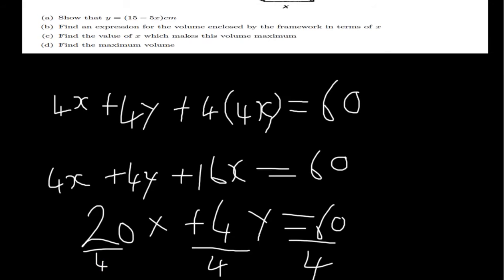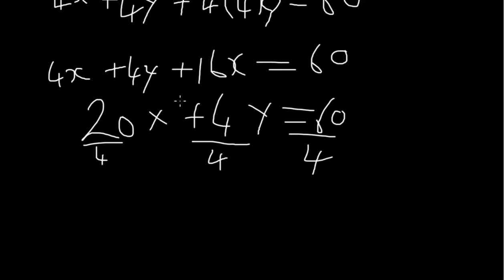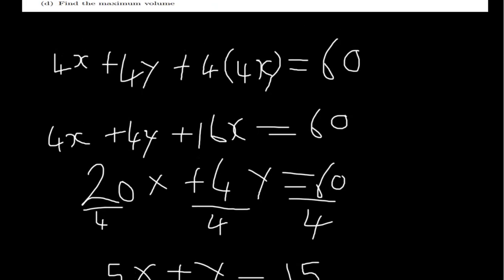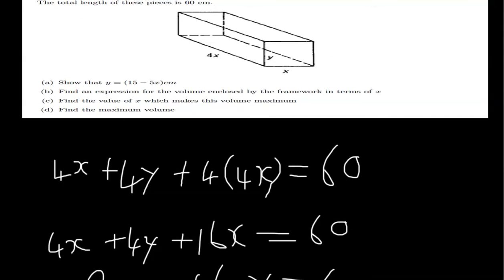When I divide everything by 4, my answer will be 5x plus y is equal to 15. Now according to the question, they are telling me to show that y is equal to this.